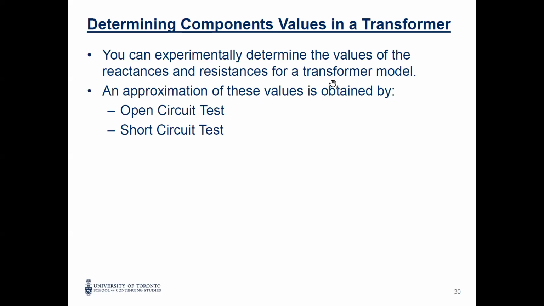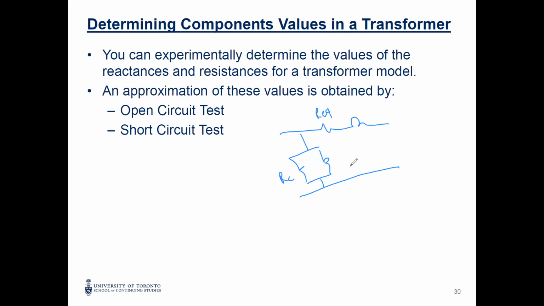Here we are going to start to get the 4 parameters of the approximate equivalent circuit of the transformer. Let me show you the 4 parameters first. As we said, this is the approximate equivalent circuit, and this is what we are going to use in all the problems.